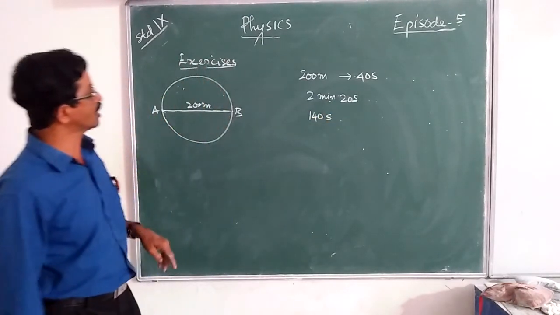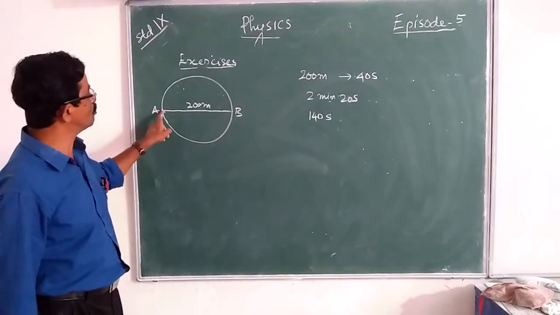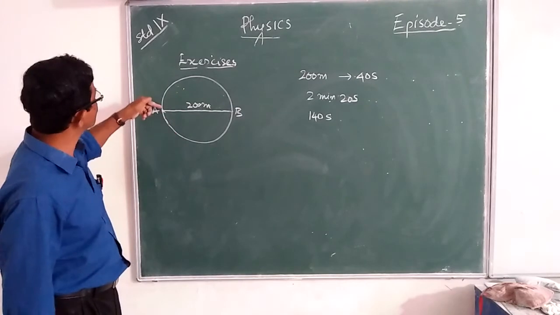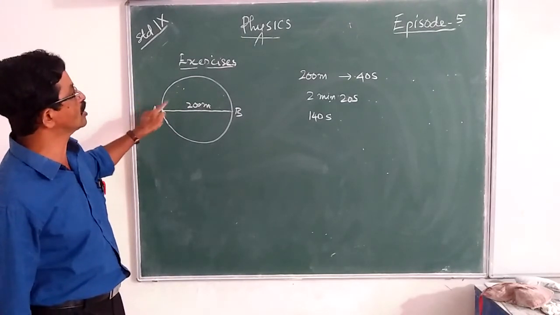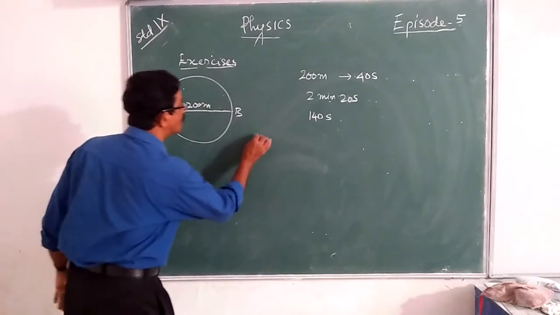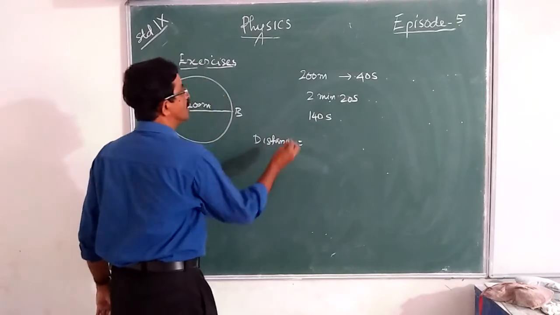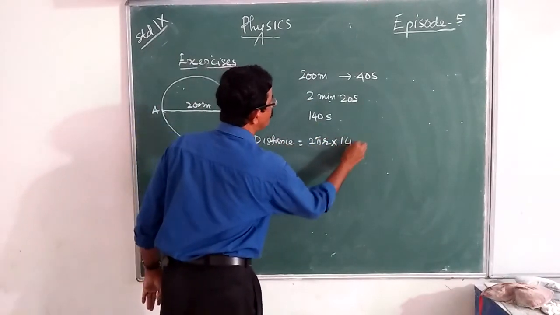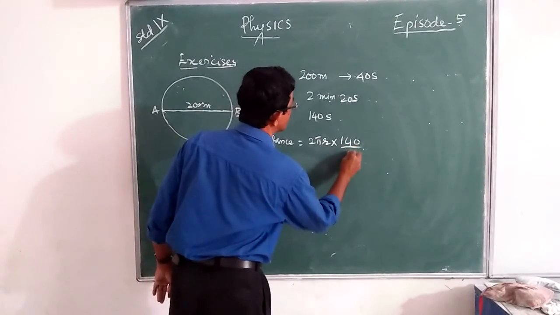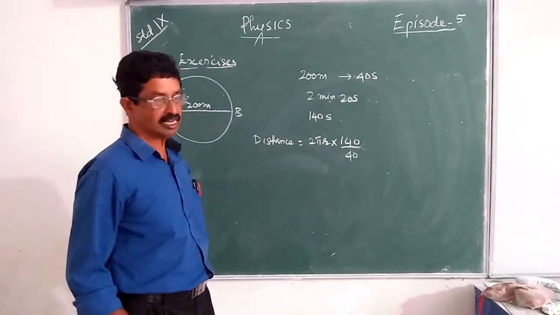So the distance traveled is 2 pi r into 140 by 40, because for every 40 seconds he completes one round.